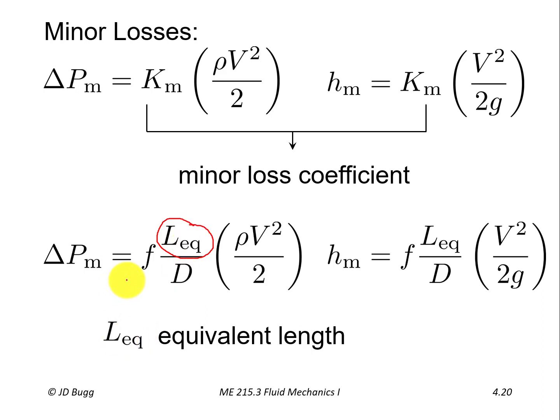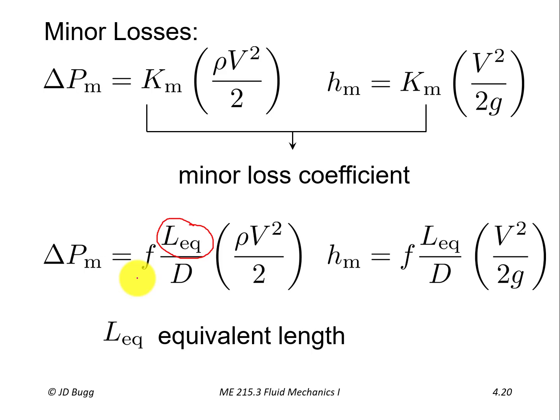When we look at how to calculate frictional losses in pipes, you'll see that we calculate them from FL over D, rho V squared over 2. We'll be talking lots about where this F comes from. It's called a friction factor. But if we're using the equivalent length technique, then when we're calculating the frictional losses in the pipe, we would just add on a little bit to the length.